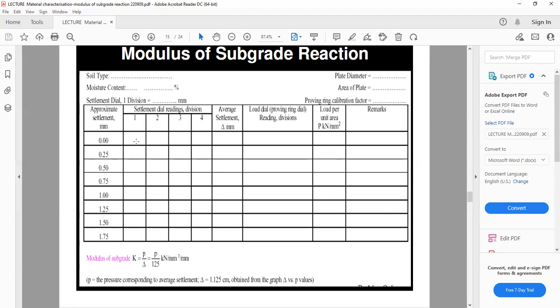If there are 3 or maybe 4 dial gauges, you take the average of these values to get delta in mm. The load dial values are converted to equivalent unit load using the calibration factor supplied with the proving ring. Then you find the modulus of subgrade reaction by P upon 1.25, in kilonewton per meter square per meter.